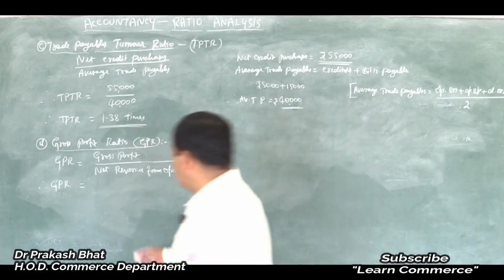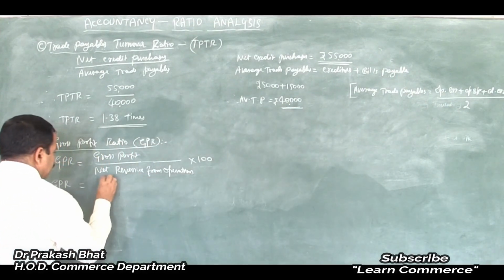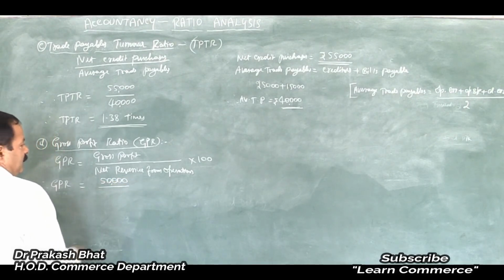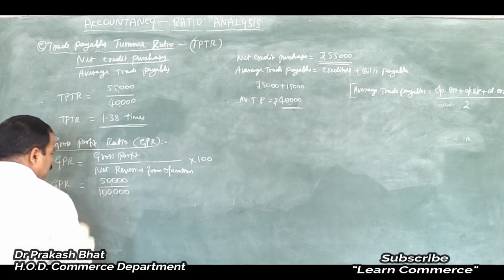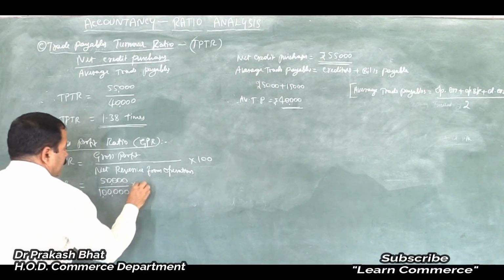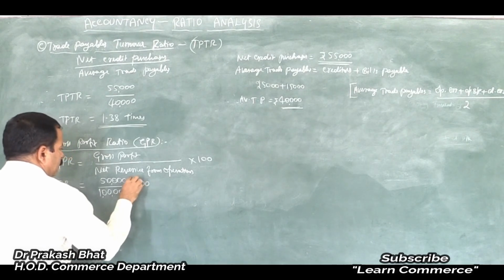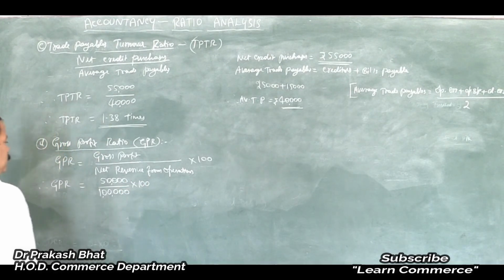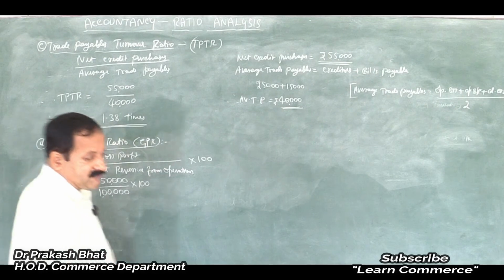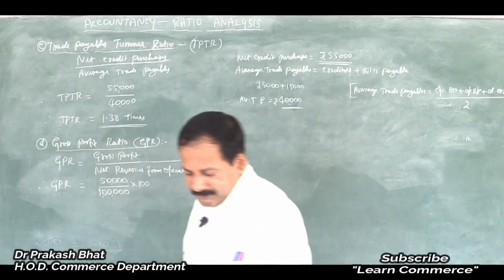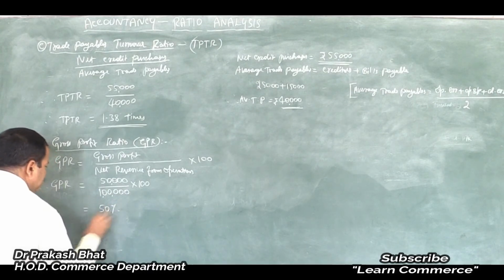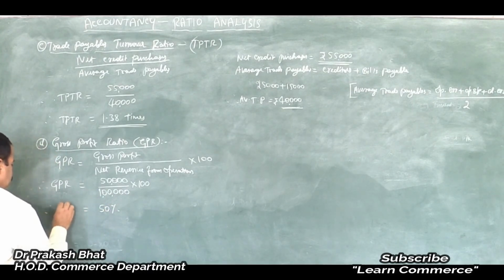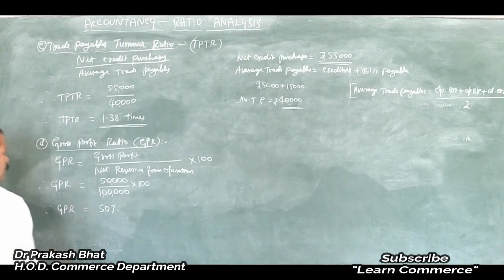Yes, gross profit 50,000, divided by net revenue from operations 1 lakh, into 100. So it will be how much? 50%. Is that correct? Yes, it is. Therefore, GPR is equal to 50%.